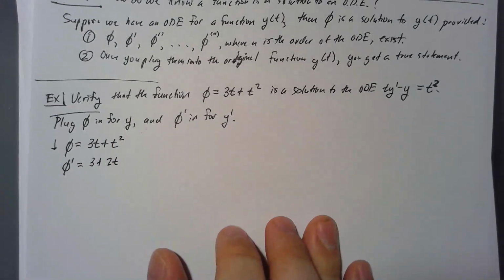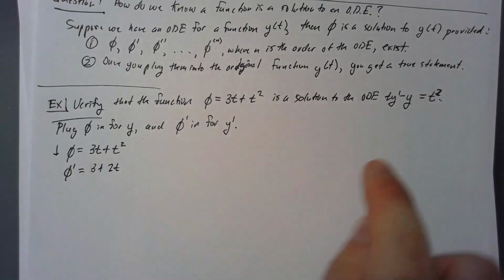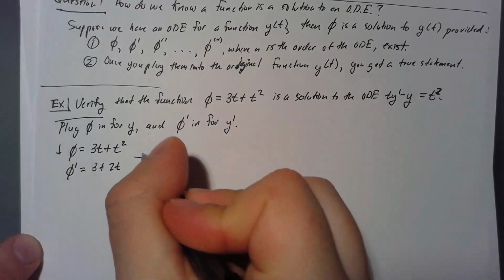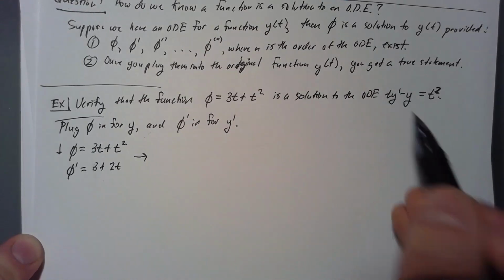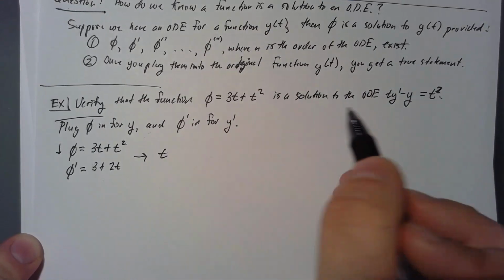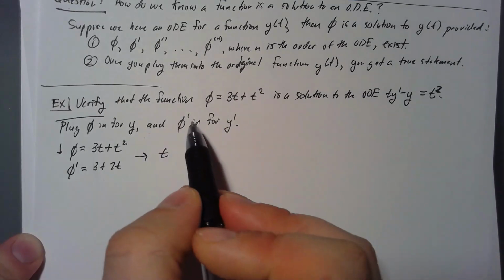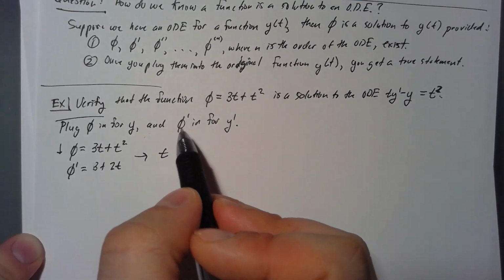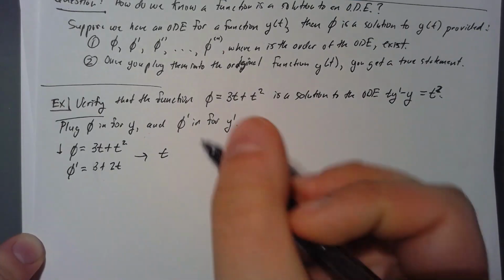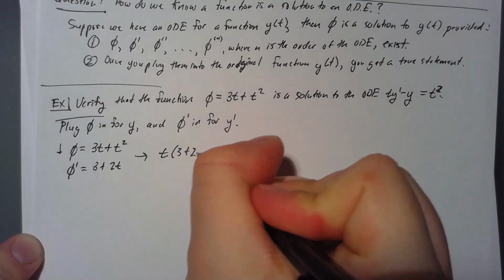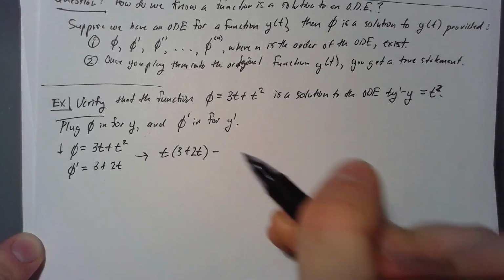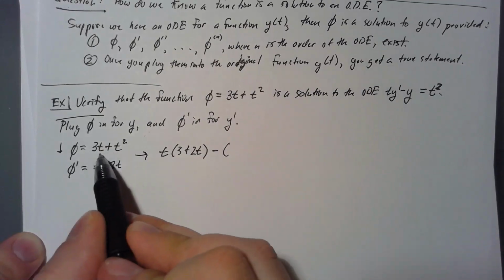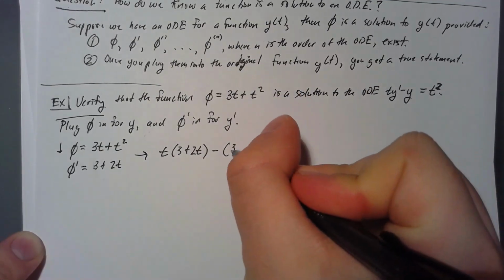Plug these two things into here, and you should get t squared. So you're going to have t times y prime. Well, y prime is phi prime, which is 3 plus 2t in parentheses, minus y. So minus parentheses 3t plus t squared.